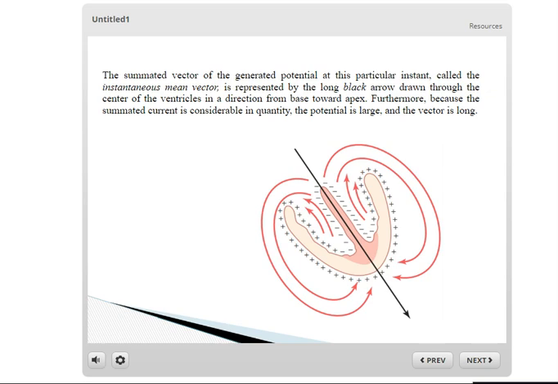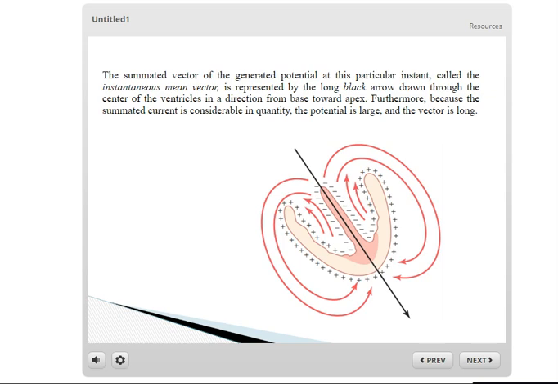The vector points from the base of the heart, the top part where the atria are located, toward the apex, the bottom tip of the ventricle. This direction is significant because it reflects the normal pathway of electrical conduction during a heartbeat, where the electrical impulses travel downward through the ventricles, facilitating their contraction and effective pumping of the blood.